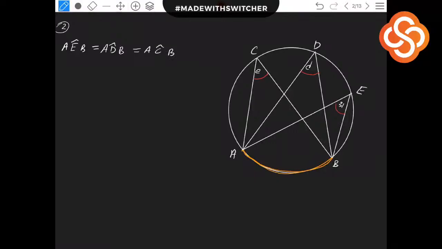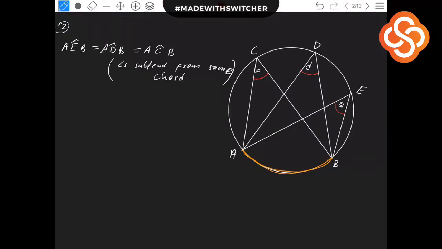And the reason for this is that angles subtended from the same chord, or you can just say same chord, or just say chord AB.